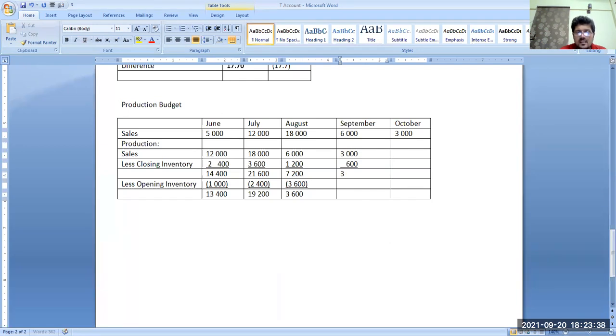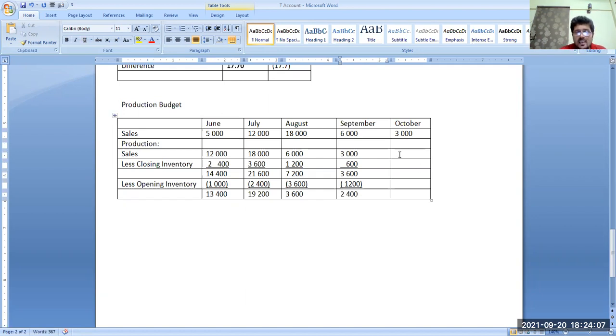3,600. Now closing inventory of August will become opening inventory in September, 1,200. So we have to produce in September 3,600 minus 1,200, which is 2,400.